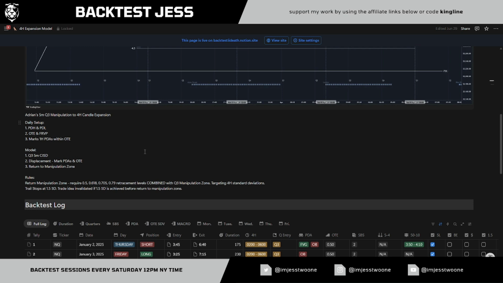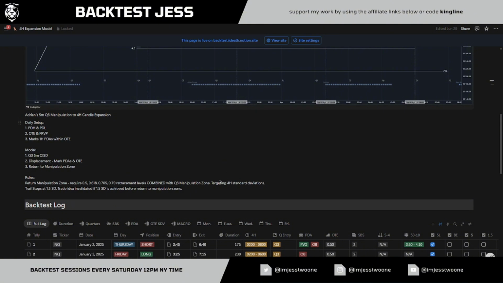We mark out that zone as the manipulation zone. We wait for displacement out of this zone, and then we mark the 5-minute PD arrays as well as OTE of that expansion. Once we return to the zone, then that's when we can take an entry, and the entry will occur in the form of 0.5, 0.618, 0.705, or 0.79 retracement levels, and we're combining that with the manipulation zone created in Q3.